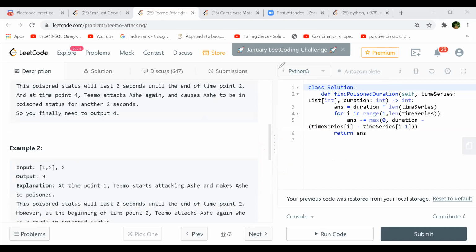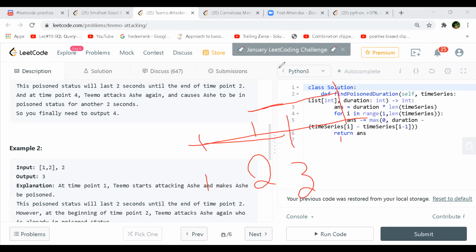So this one would be like, at one you give poison and it will persist till three. Then at 2, he's again giving poison, right? So this part is overlapping, and this will go up to 4. At 2 we are giving poison, so that will go to 4, and at 1 it was 3 only. So this part is a double calculation here.